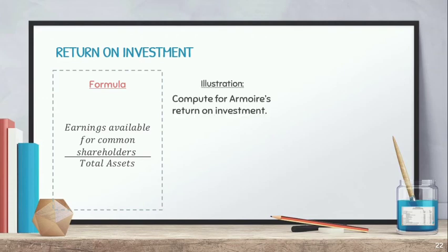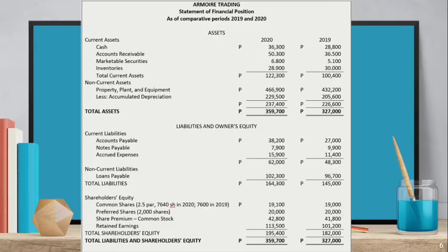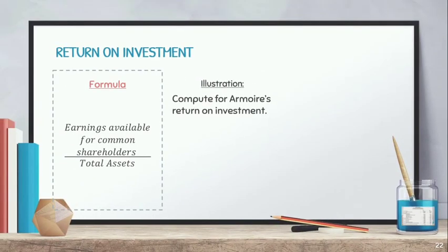So, computing Armor's ROI, we have our earnings available for common stockholders of 22,100 divided by our total assets, 359,700. So, we have 6.5%. So, ang atong ROI is 6.14%.